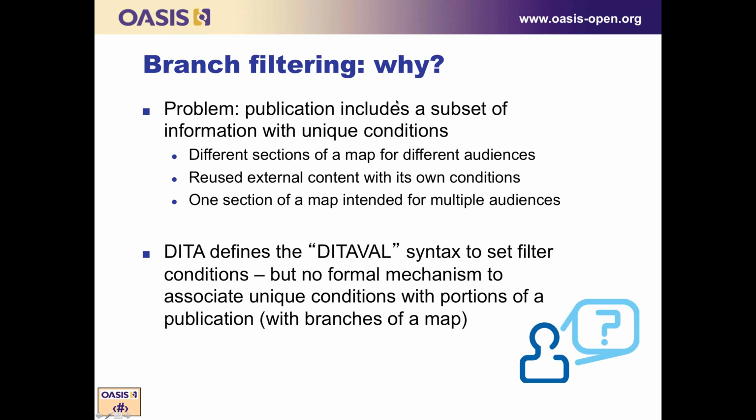Maybe you're reusing content from somebody else who has their own names for conditions. Maybe you have one section of your map that's intended to be published for different audiences. DITA does define the DITAVAL syntax that was added in DITA 1.1 to control include and exclude conditions. However, until now, there's been no formal mechanism to associate those conditions with just a portion of your publication.